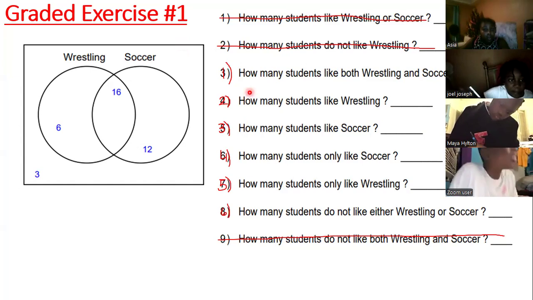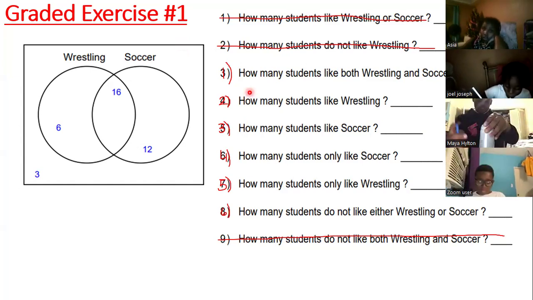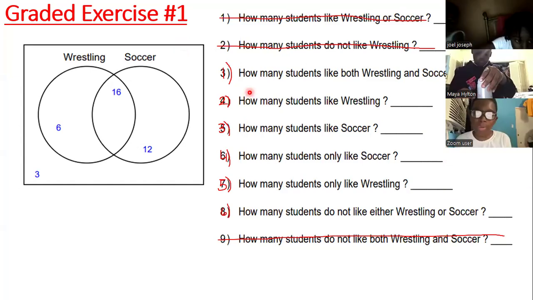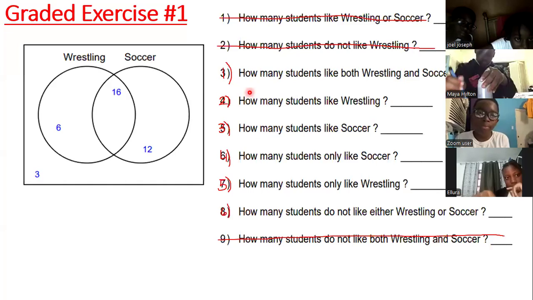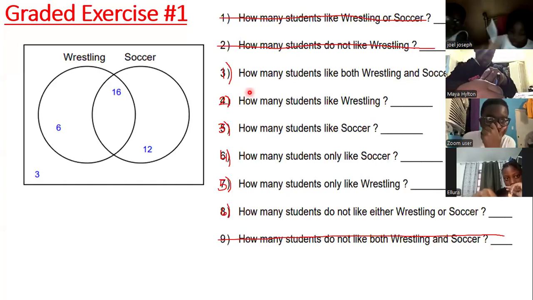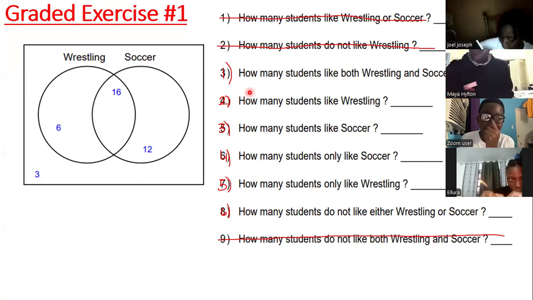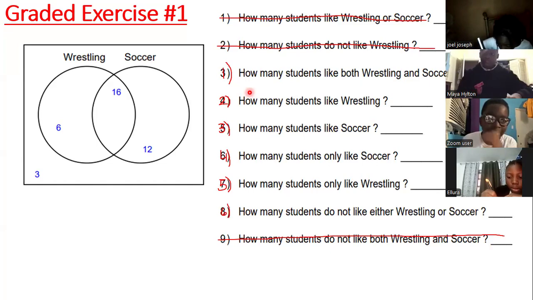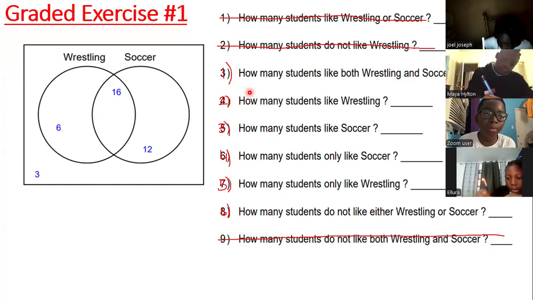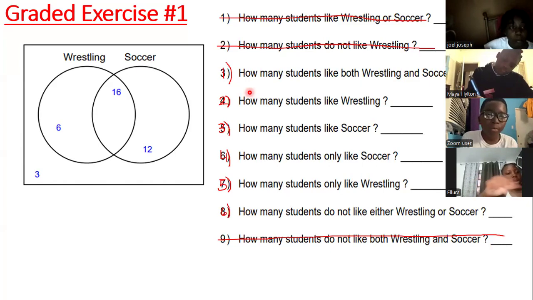Number 5, okay. Is Joel there? Yes, sir. Maya, what number are you on? Number 3, okay. Allura, you understand what to do? Yes, sir. Okay.